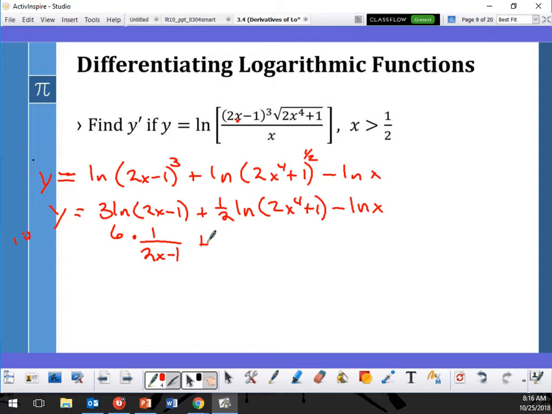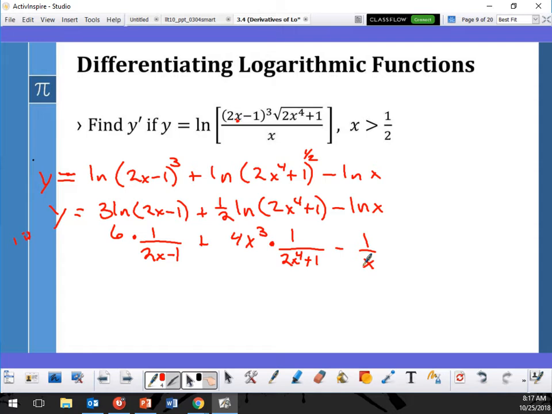Plus, what's the derivative of the inside? 8x cubed. What's that 8 times the 1/2? So now it's going to be 4x cubed. Did I lose anyone there? No? Okay. So times, what's the derivative of the ln? 1 over 2x to the fourth plus 1, minus 1 over x.